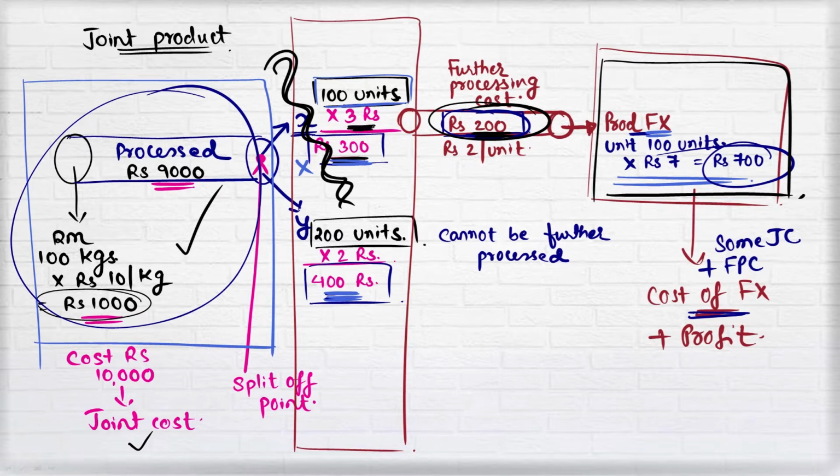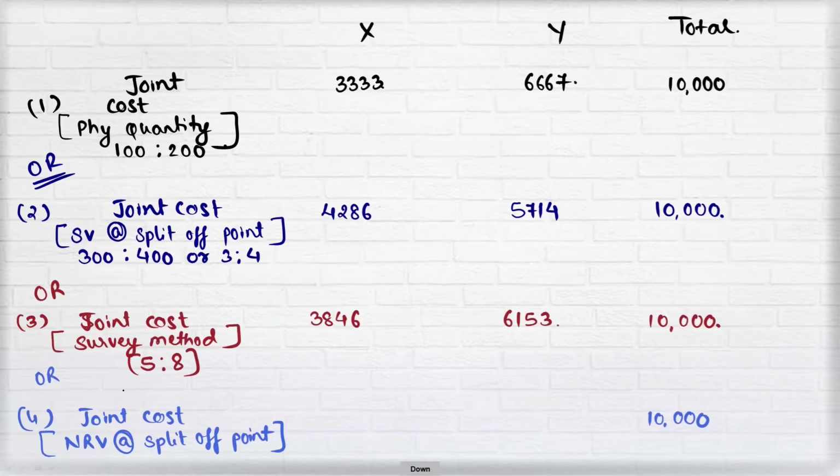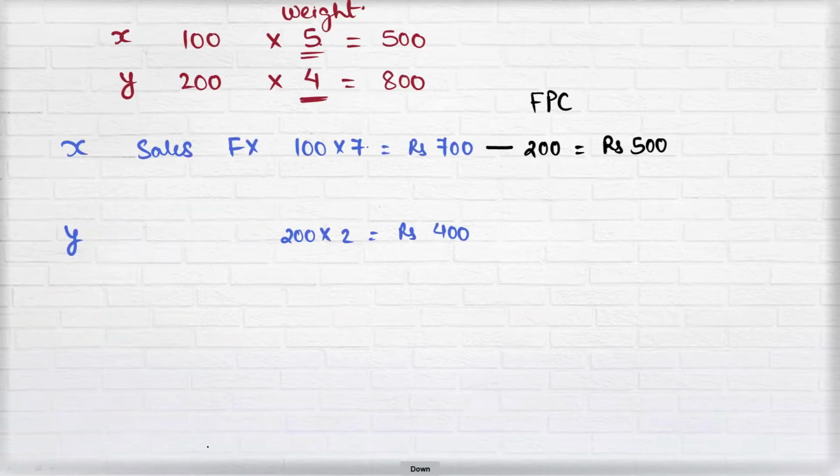Sir, but sales value at split off point is 3 rupees. I am not writing it down as a sales value. What I am writing down is net realizable value at split off point. Why can I not take 700? Because it is not at split off point.